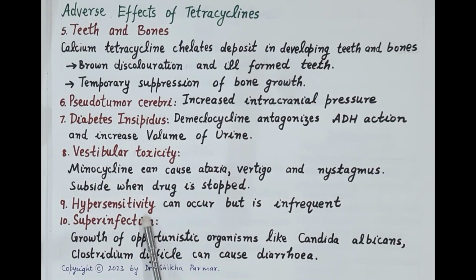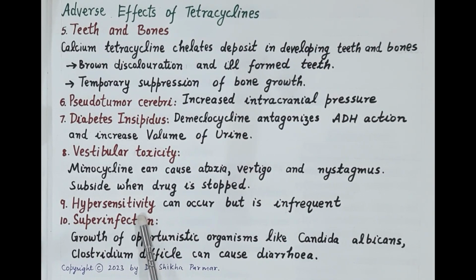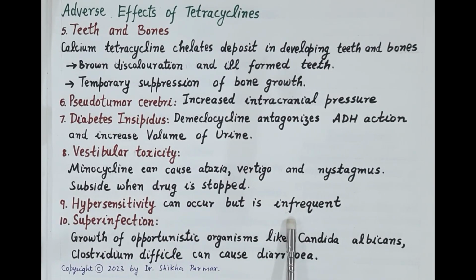Then hypersensitivity reactions can occur with tetracyclines but are infrequent. Now, very important, tetracyclines are broad spectrum antibiotics and they kill the normal, healthy, defensive microbial flora of the gut. So, this can result in superinfection.